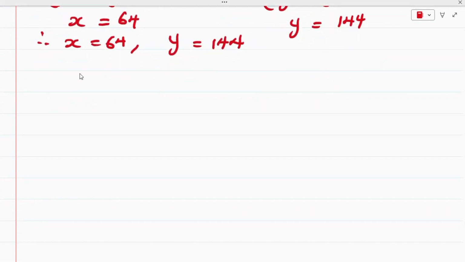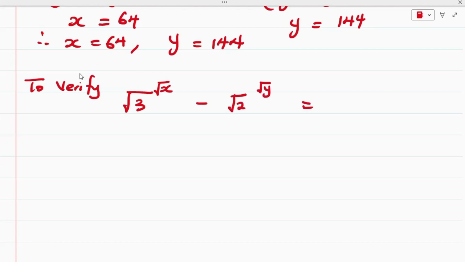So the next thing we want to do is to simply verify if our answer is actually correct. To verify, we have the expression given as the root of 3 all to the power of the root of x, minus the root of 2 all to the power of the root of y, and this is equal to 17. So we have x is 64 and y is 144.